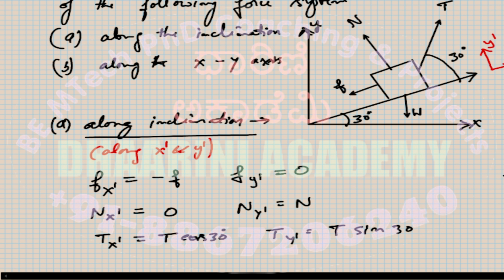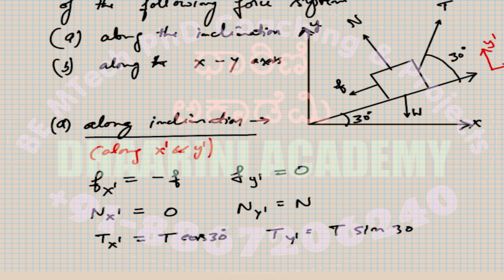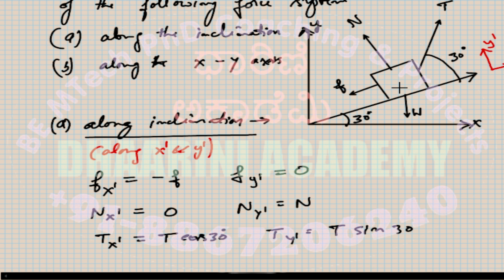There is another component, W. The only force which makes an angle with the x or y axis is this W. So how do we find the angle made by W? I can simply draw the actual perpendicular. If I draw a perpendicular like this, I know that this angle has to be 30 degrees.